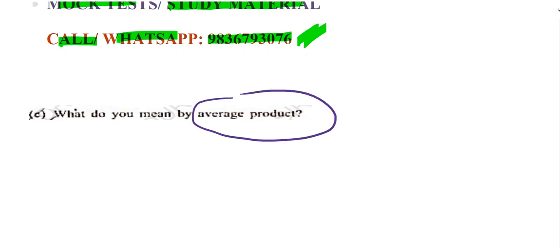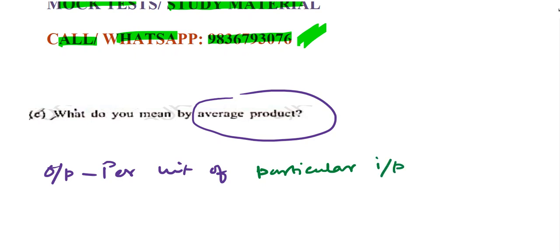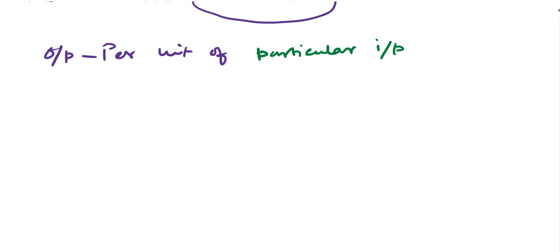So average product refers to the output produced per unit of particular input, and that is typically labor or capital.